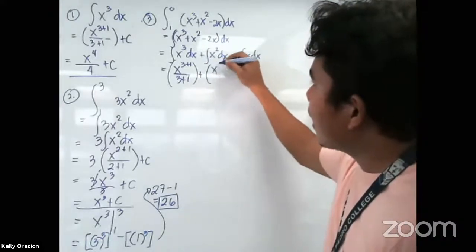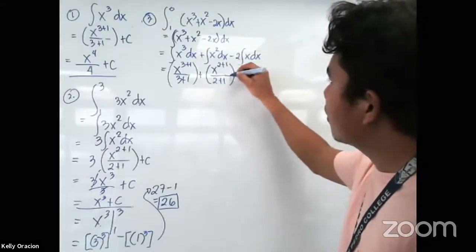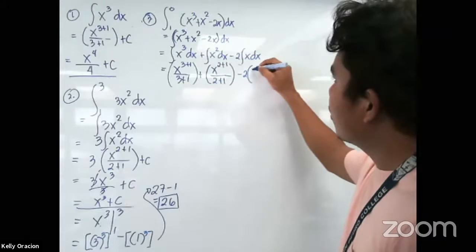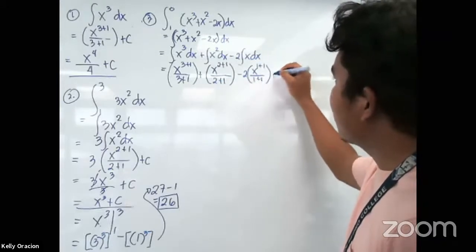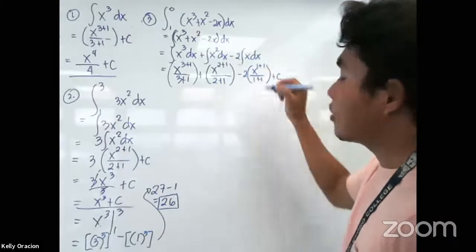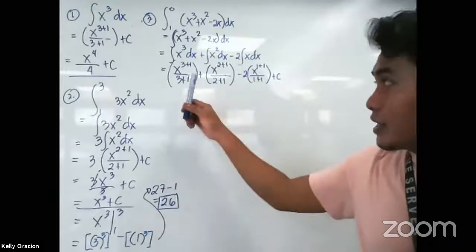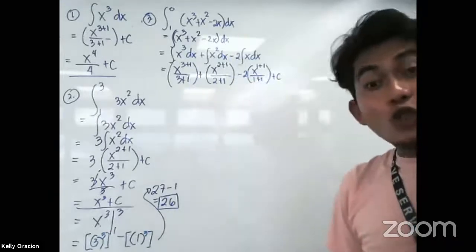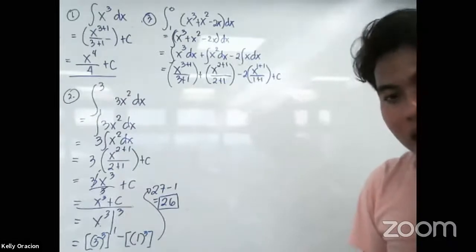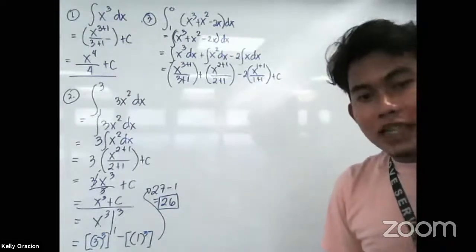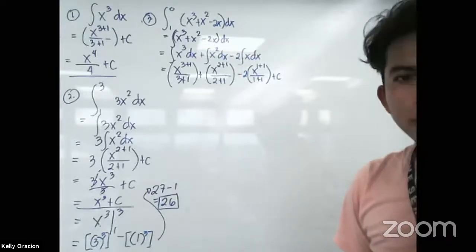Plus x to the 2 plus 1 over 2 plus 1, minus 2x to the 1 plus 1 over 1 plus 1, plus C. Again ha, sa last na ka magbutang ng plus C. Kung mag-plus C ka dire, tulo ka ba mag-plus C, so i-isa na lang tanan. Basta ang importante, naay plus C.